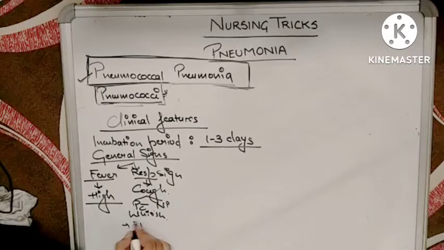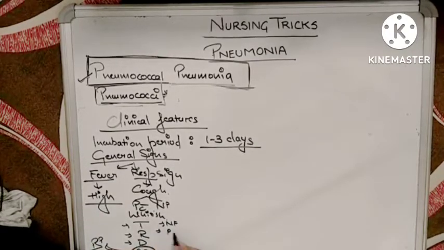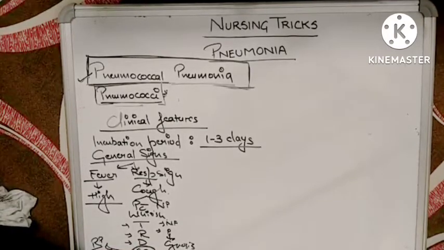The child can have tachypnea, rhonchi, dullness, and chest pain, which we have seen is a referred pain. Then the child will have retraction, nasal flaring, pallor, or it can go into cyanosis, because there is no space for the exchange of gases. These are the respiratory signs.